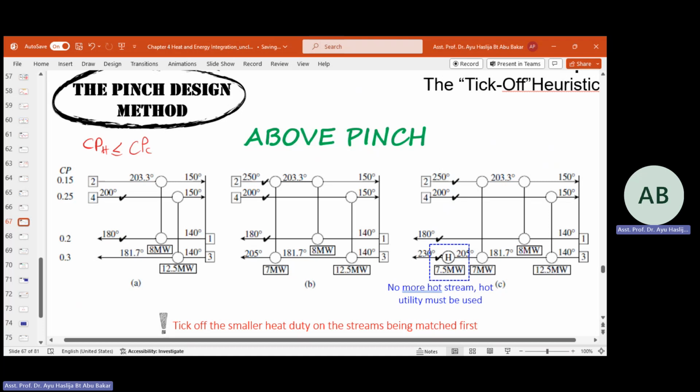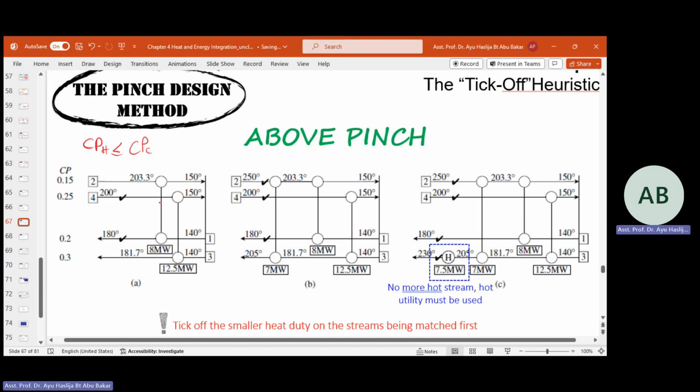CPC. Okay, just now we had decided that stream 2 and stream 1 are feasible, stream 4 and stream 3 feasible.